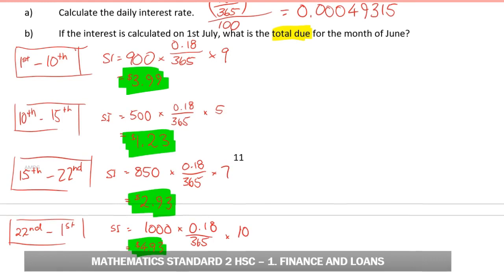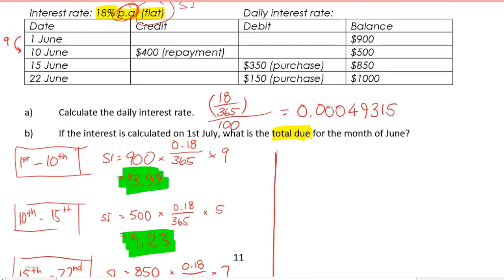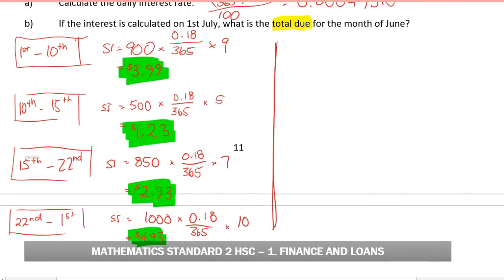So now, to come back to the question, what's the total due for the month of June? So, what's the total due? Well, I still owe $1,000 plus those 4 lots of interest.